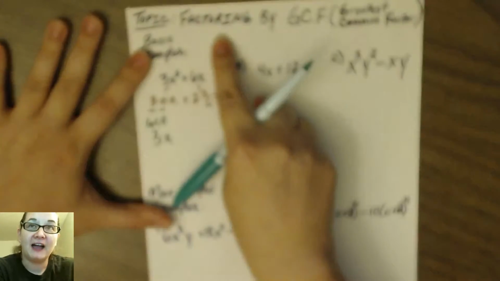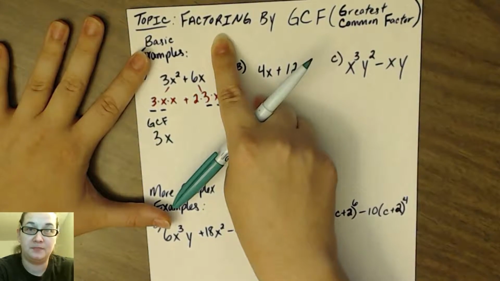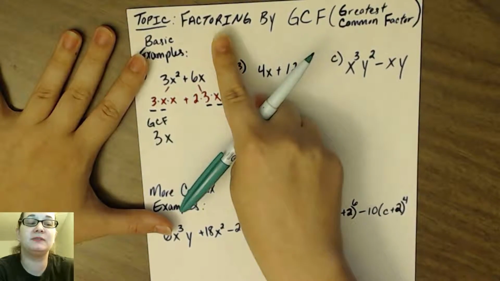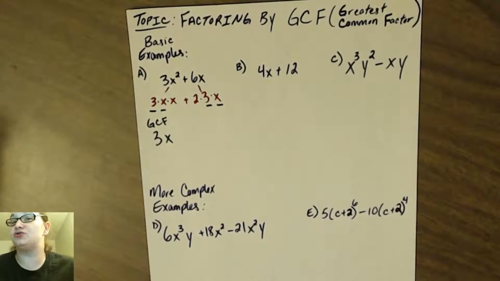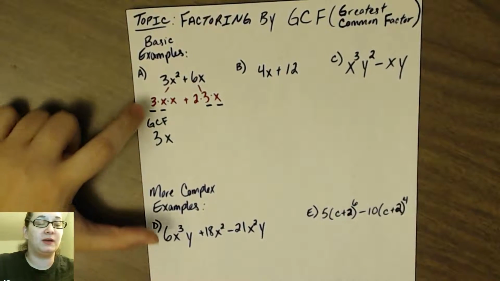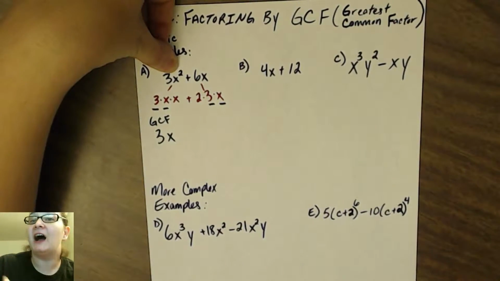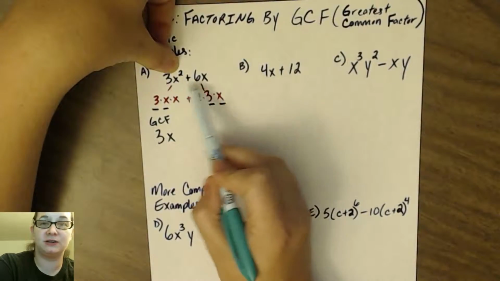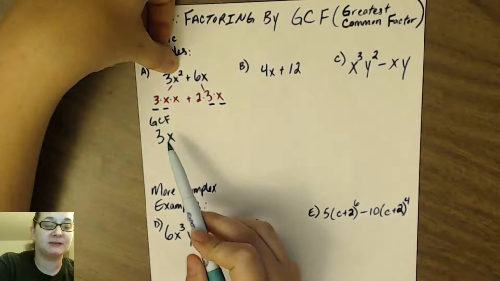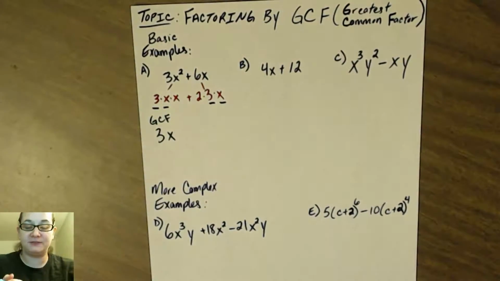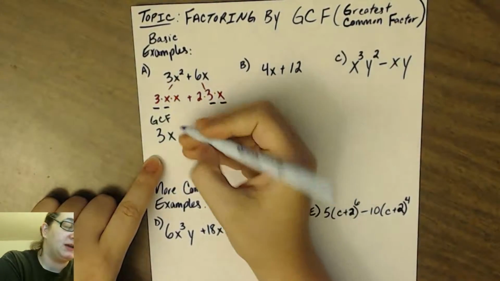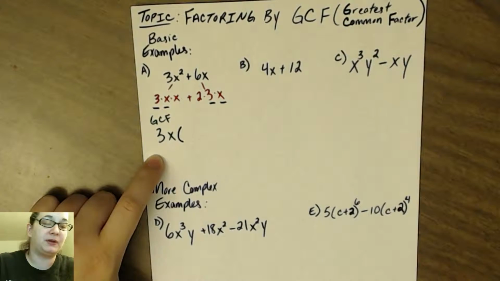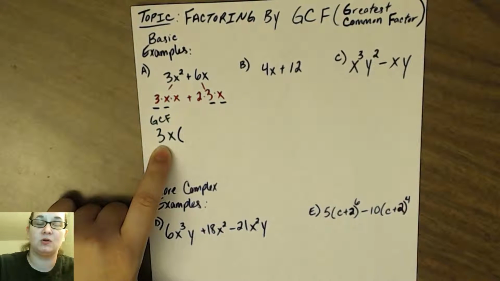This is our GCF. And when I factor by anything, factoring is sort of like undoing a multiplication or a distributive property. So if I divide both of these terms by this 3x, what would be left over?